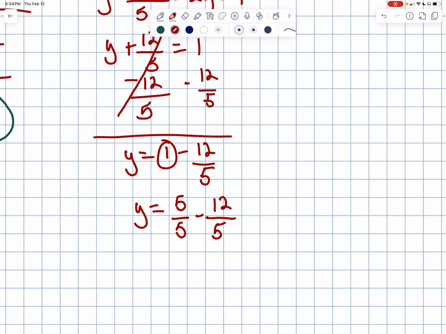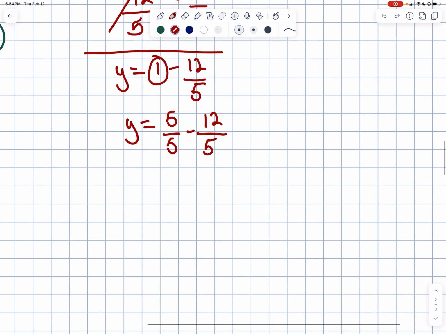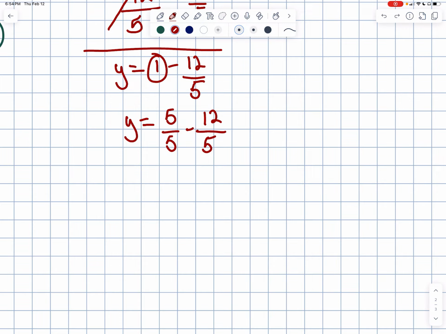If you had done 6 over 6, then you're cooked. That would not have worked. So I chose 5 because they need to be the same denominator, and 5 over 5 equals 1. So because they have the same denominator, we can just subtract the numerators. So y equals, what's 5 minus 12?